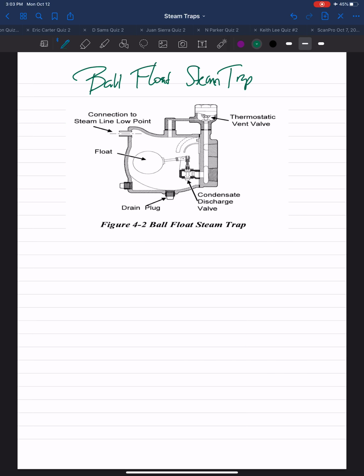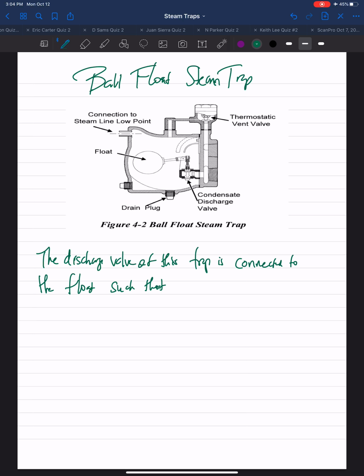Ball float steam trap. So the discharge valve of this trap is connected to the float such that the valve opens when the float rises.